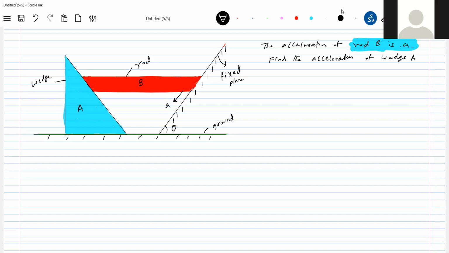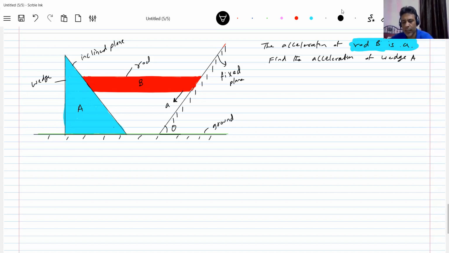The rod is not moving vertically down. Now it is asking the acceleration of the wedge. Try to equate: the rod is in contact with the wedge, so the acceleration along the common normal must be equal. Let's focus more on that inclined plane.